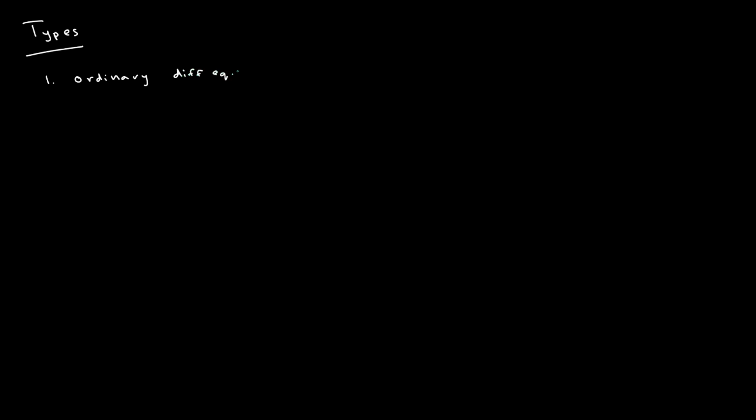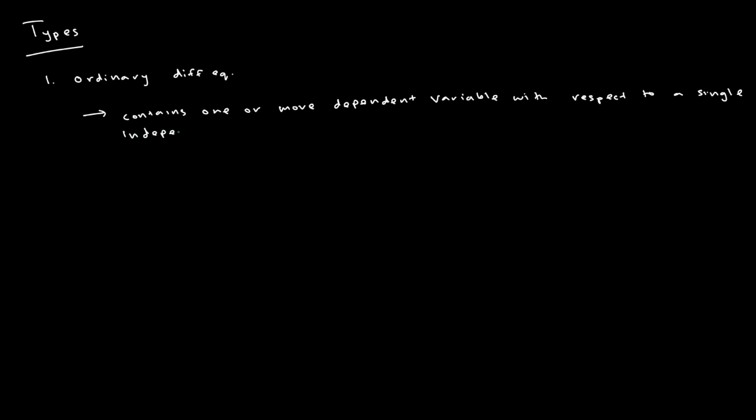An ordinary diff EQ is just a diff EQ that contains one or more dependent variables with respect to a single independent variable. With these, you're only really dealing with regular derivatives.